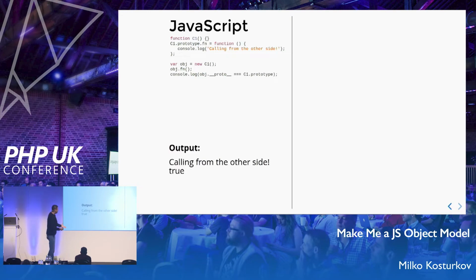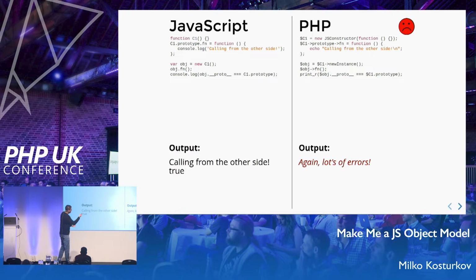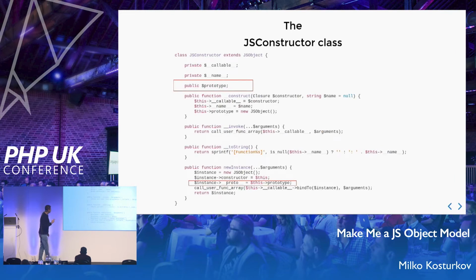Well, we already see how easy this is to implement. Obviously, we haven't implemented it fully, again, lots of errors. But to our JS Constructor class, all we do is define a prototype which is public. It's a good idea to instantiate it because we'll instantiate it somewhere, just squint a little. And what we're going to do is, when we instantiate, we're going to instantiate a new object.